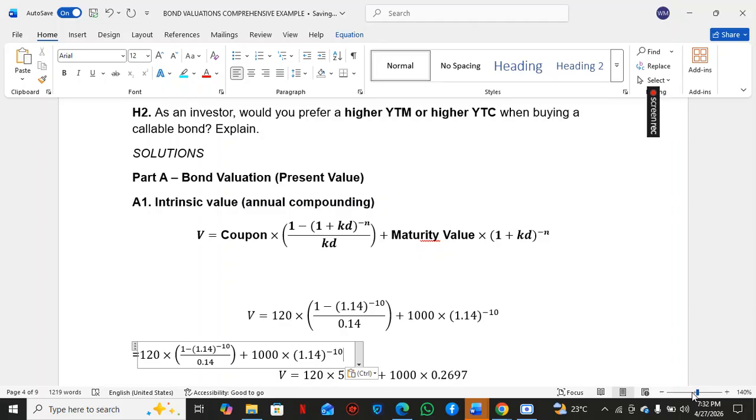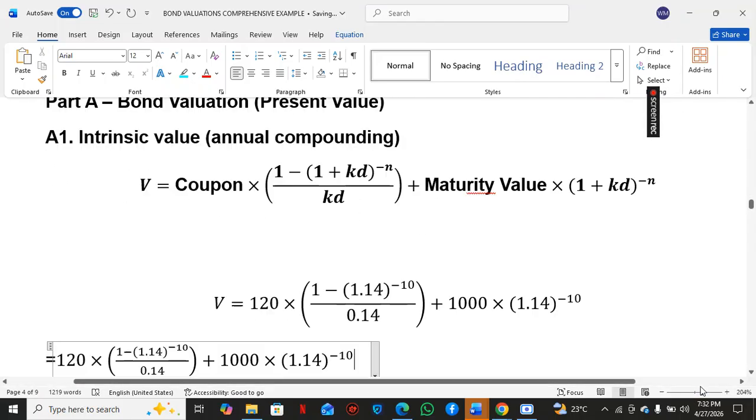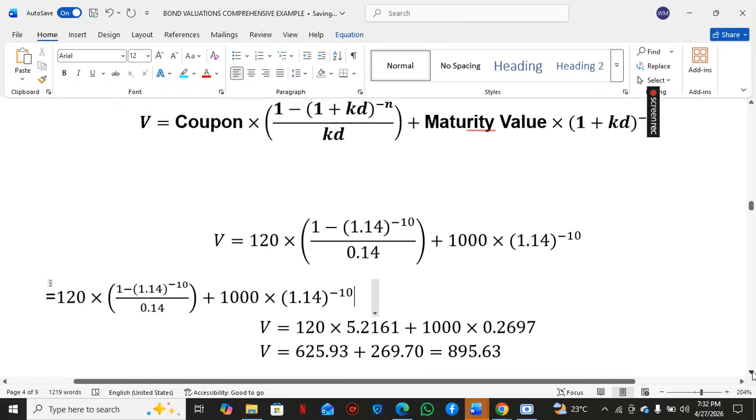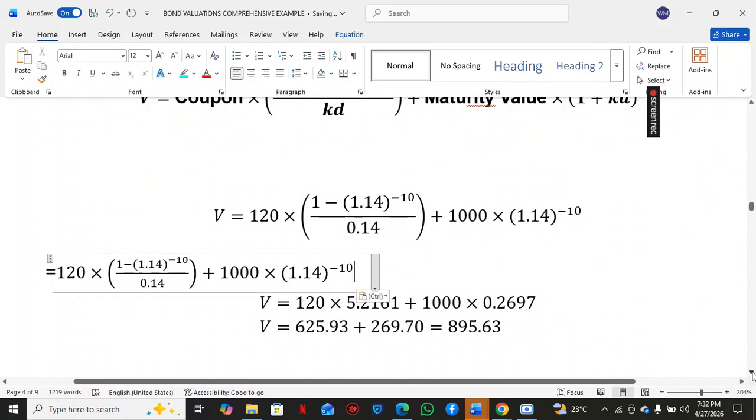Colleagues, let's get our calculator so that should this question come, you know how to solve it and you don't get stuck in the exam. 1.14 to the power negative 10. What value are we getting?